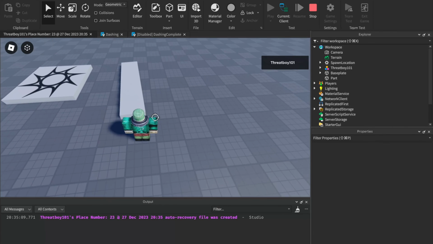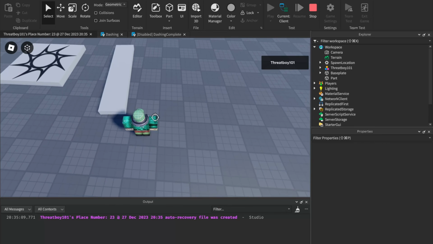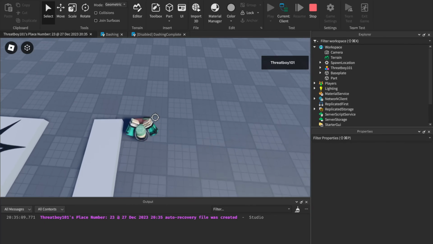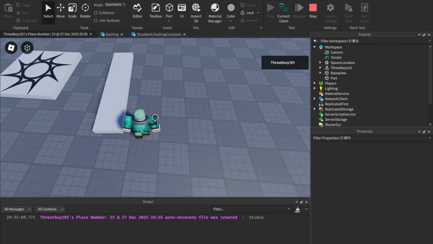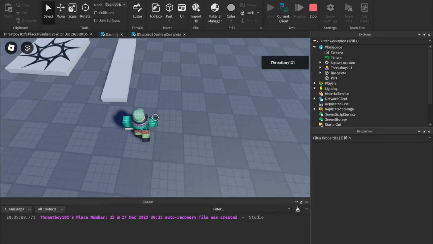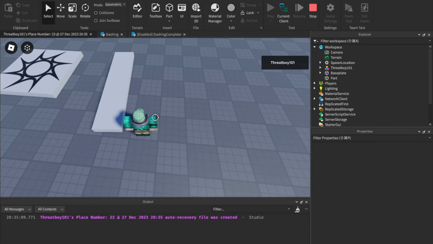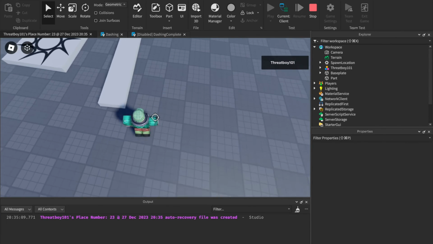Oops, should really anchor that, but anyways, let's see. You can see we travel exactly 18 units.